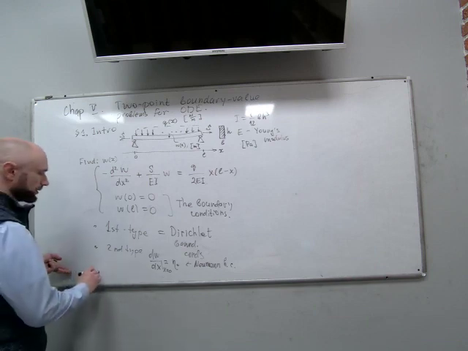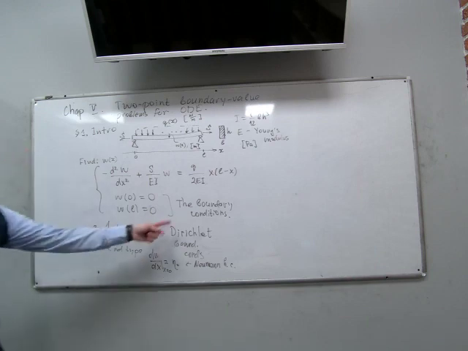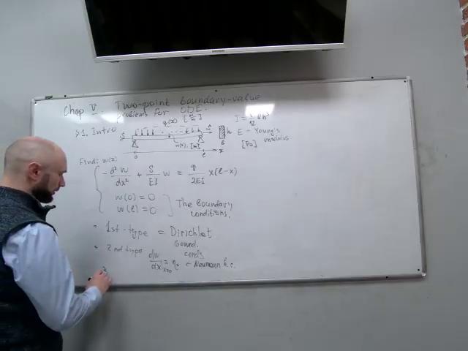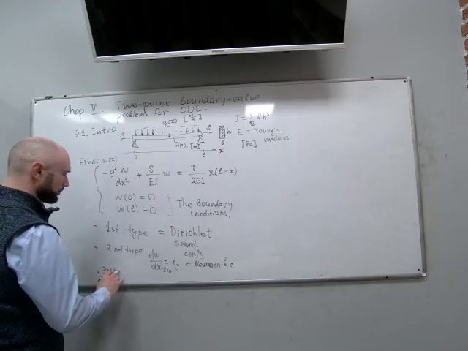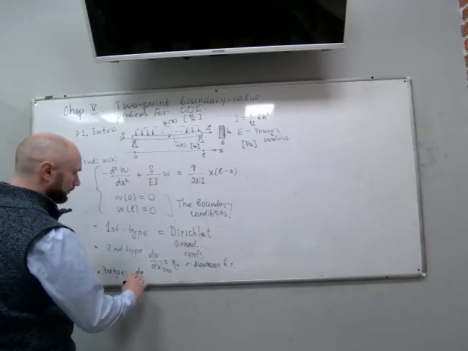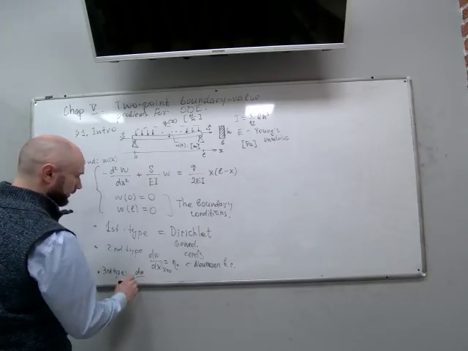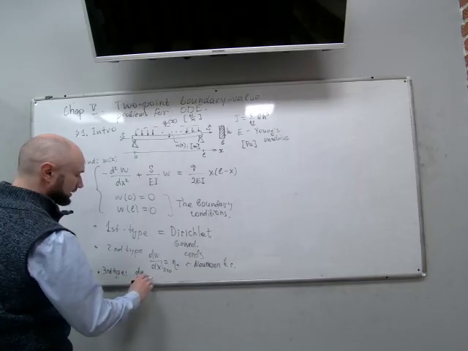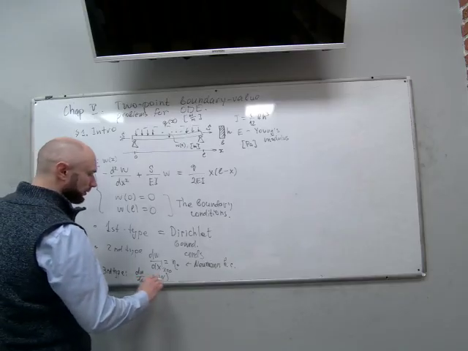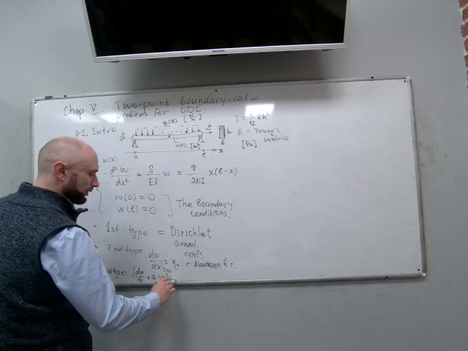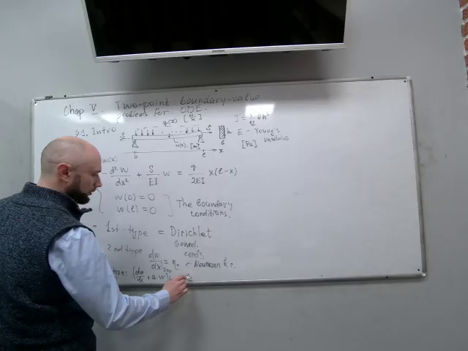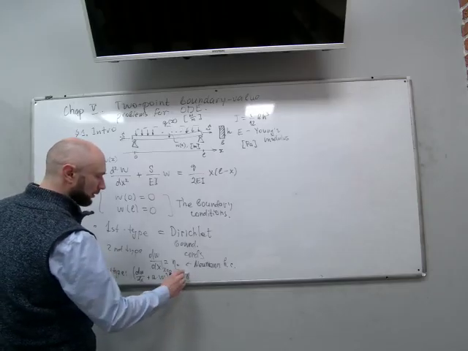Okay, and it's also possible to have a combination of the first and the second. It's going to give us a third type condition: dw by dx plus some constant a times w, all taken at the point x equal to 0, is equal to some eta gamma 0.